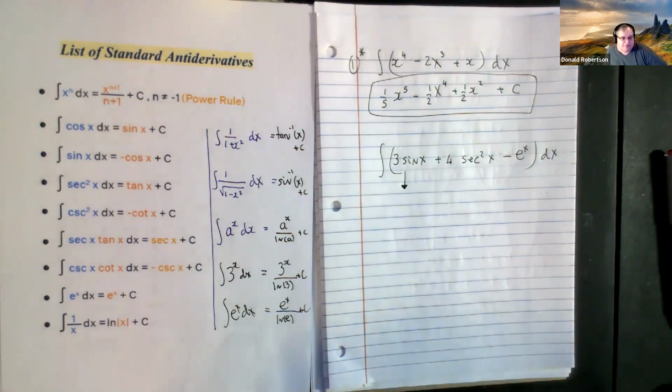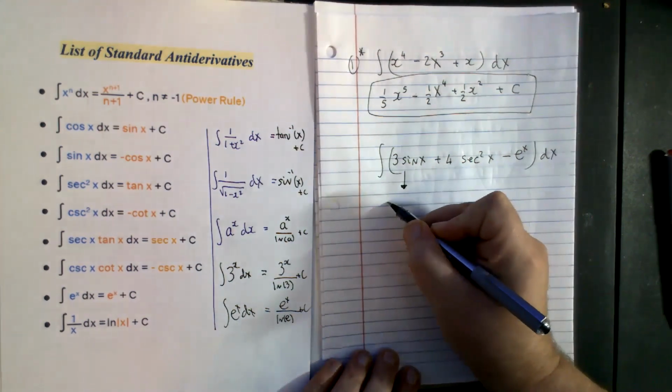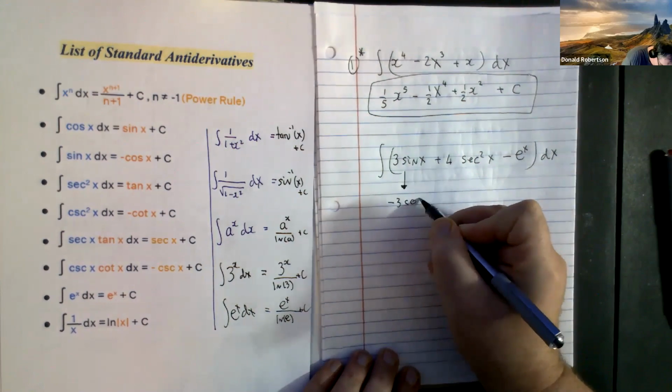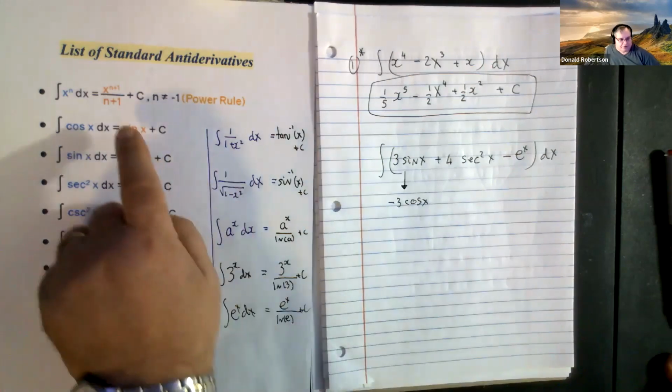What is the antiderivative of 3 sine x? 3 negative cosine x. Okay, and I'll stick the 3 at the front because it looks prettier there, okay? What is the antiderivative of 4 secant squared x? It's over here somewhere.